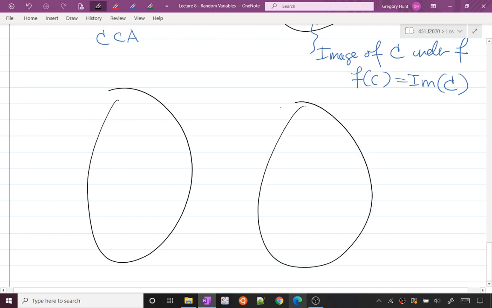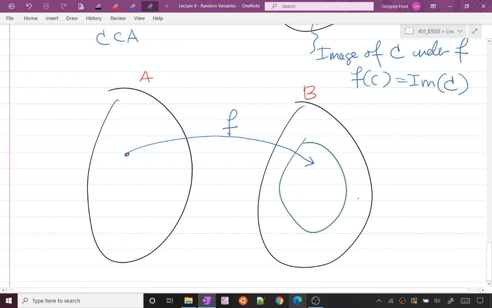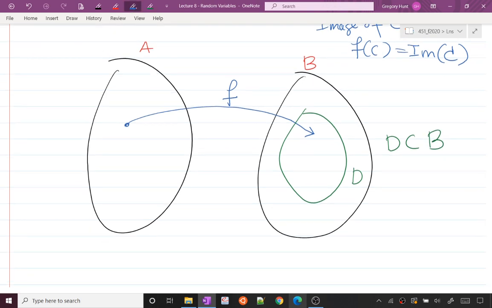So here's our picture. Here is our set A, which is the domain, set B, and I have a function F that maps from A to B. If instead I look at some set, call it D, and so here D is a subset of my codomain. If I look at the inverse problem, which is to say, if I look at each element of D and I look at what points in A map to it.